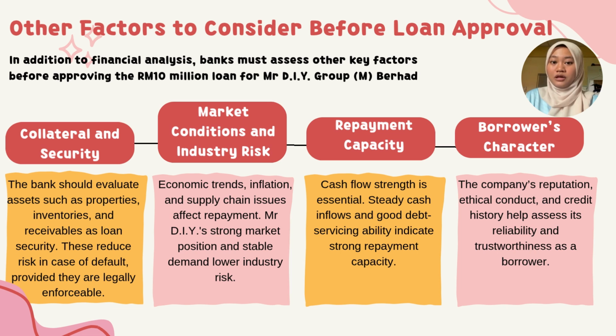Factors like retail demand, inflation, and supply chain stability affect the company's ability to generate consistent income. Third, we consider repayment capacity. This involves reviewing the company's cash flow strength and debt servicing ability to ensure they can comfortably meet loan obligations.